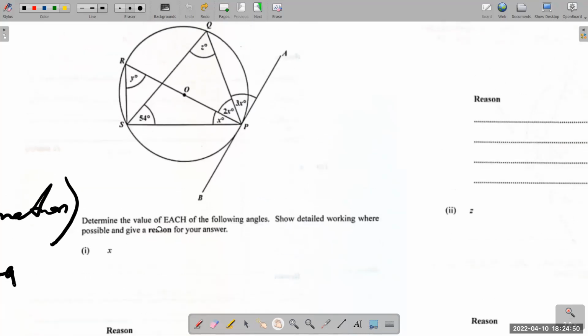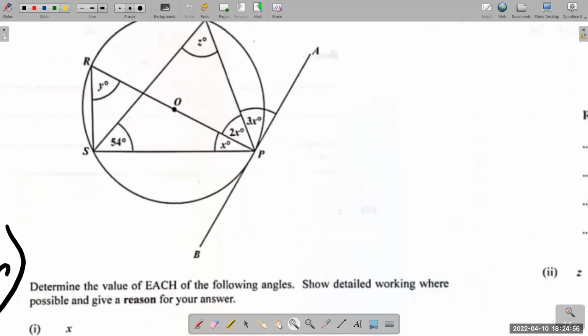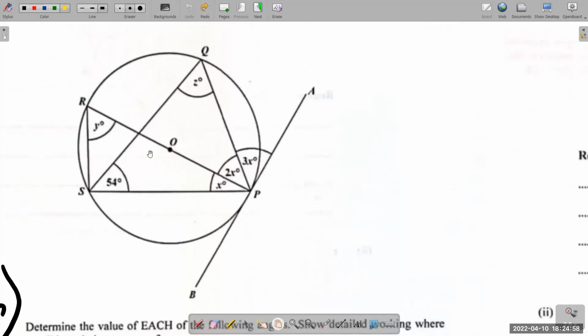So let's look at X. Here we see X here. But what do you know as a mathematician? It may not be easy to identify X just so, because if I look in this triangle, this really doesn't give me anything to work with. But look on the opposite side. What information do you know that could help you find X? You know this is 2X and you know this is 3X.